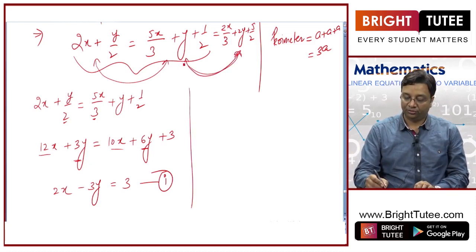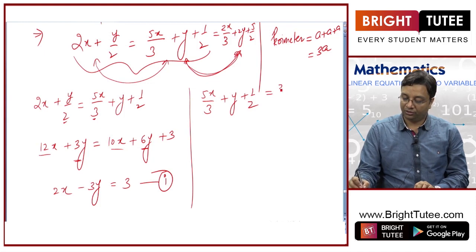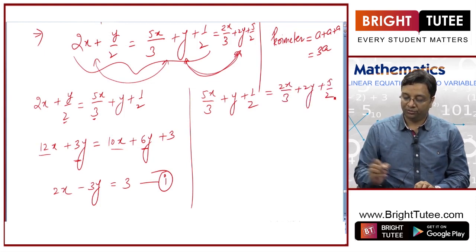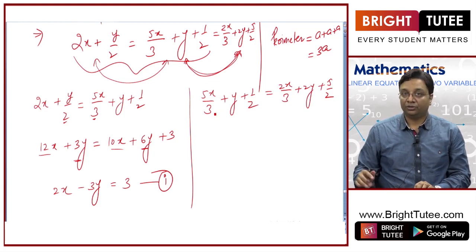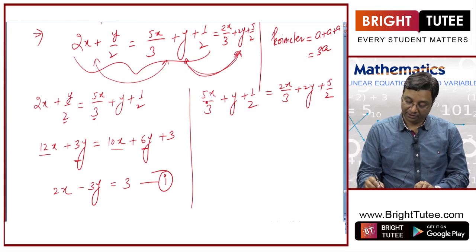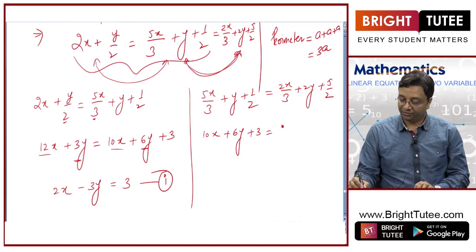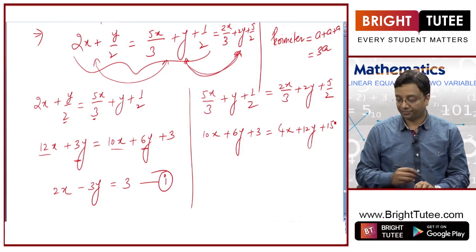Now let us compare these two. 5x by 3 plus y plus 1 by 2 is equal to 2x by 3 plus 2y plus 5 by 2, right? Now if I multiply both sides by 6, this will become 10x plus 6y plus 3 and this will give me 4x plus 12y plus 15.